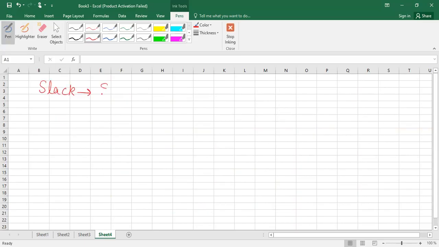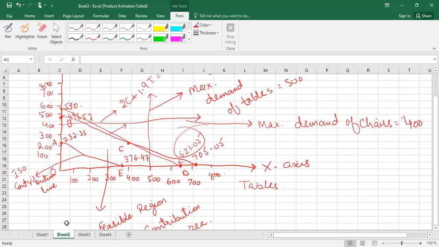Slack means excess. We have excess resources than demand. How do we have excess resources? We determined in our graph that we have, assuming, a maximum demand of 400 chairs or a maximum demand of 500 tables.